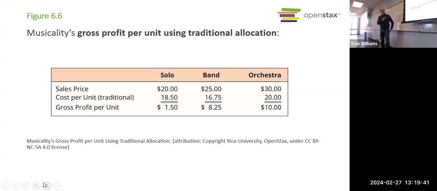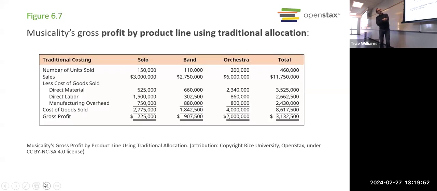Okay, so really there's nothing new so far. All we're doing, we're using the traditional method to apply overhead and see what our costs are. All right, so then you can multiply the number of units that you're planning to produce by the profit per unit.